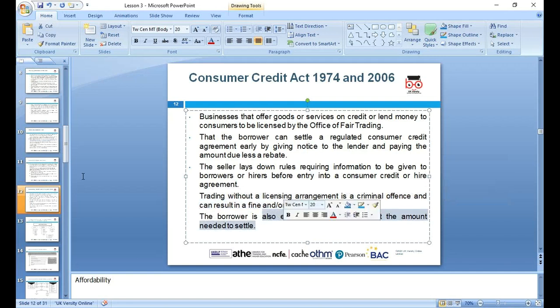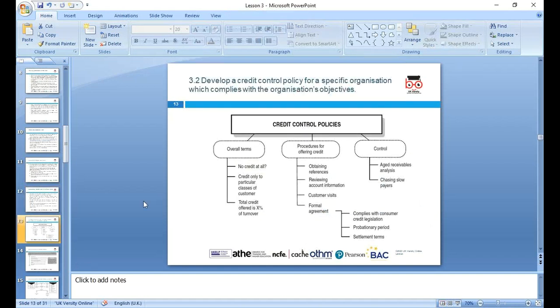So we need to look around the consumer credit. Trading without a license is a crime. You must be licensed, and we need credit scoring as well. These are the key legislation we need to follow when we deal with credit control and the consumer.